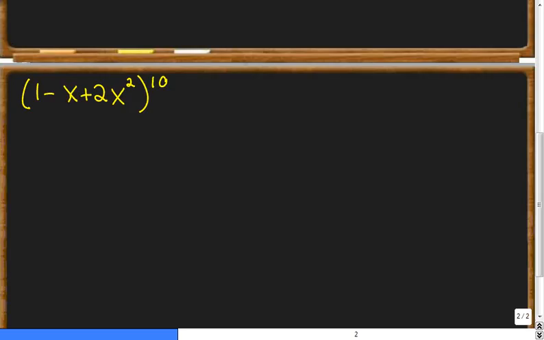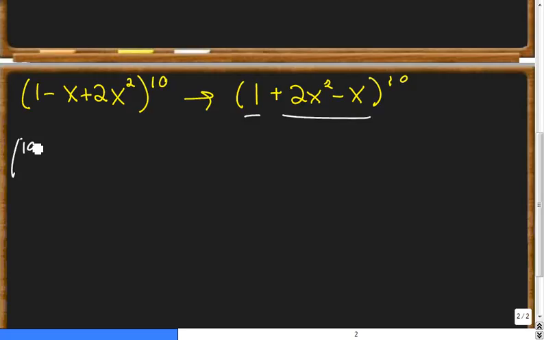I'm going to rewrite this slightly, sorry, as 1 plus 2x squared minus x to the 10th, and consider these as my two terms. So I get 10 choose 0 times 1 to the 10th times 2x squared minus x to the 0.